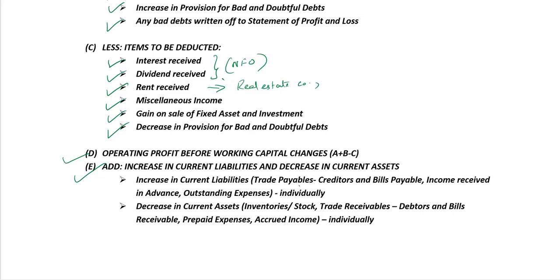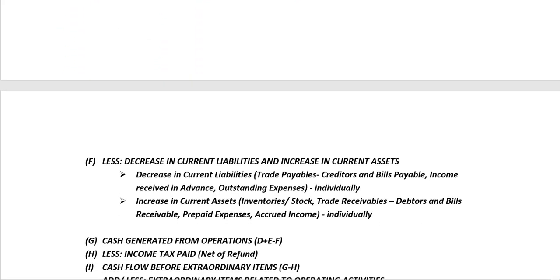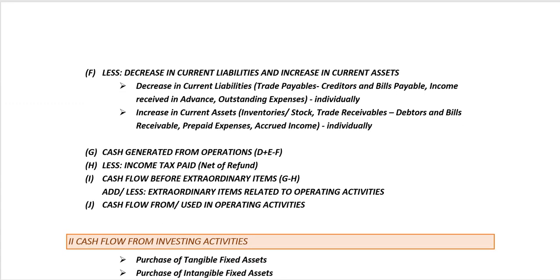Under current liabilities, we have trade payables, creditors, bills payable, income received in advance and outstanding expense. And in the head of current assets, we have inventories or stock, trade receivables, debtors and bills receivable, prepaid expense, accrued income. After adding the increase in current liabilities and decrease in current assets, we will deduct the decrease in current liabilities and increase in current assets.